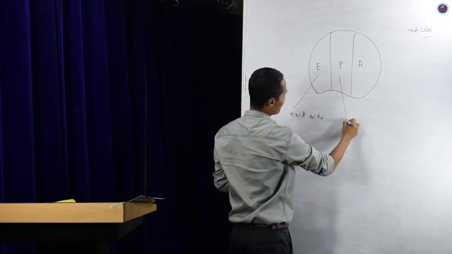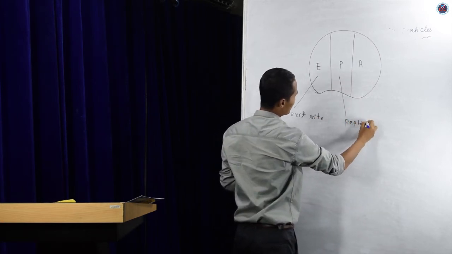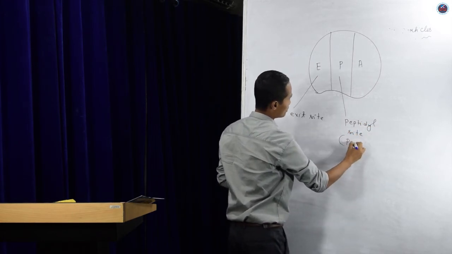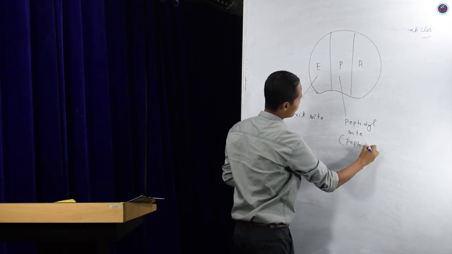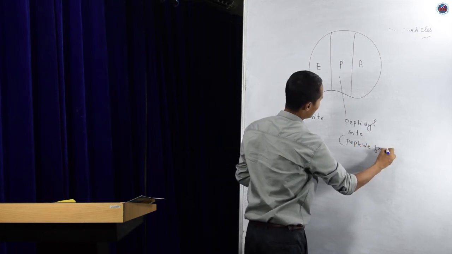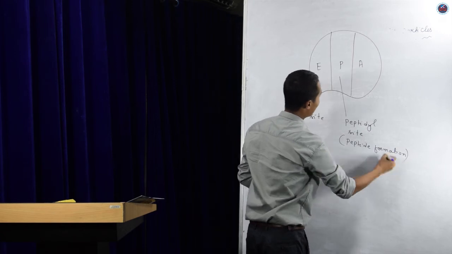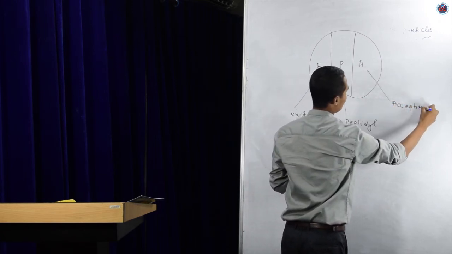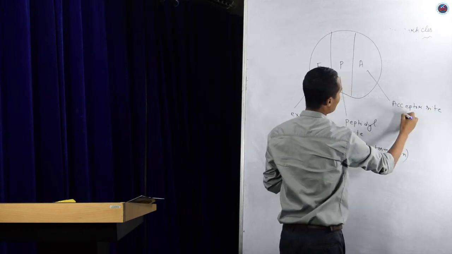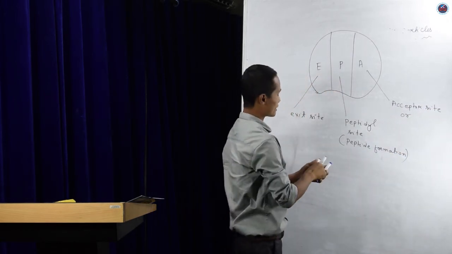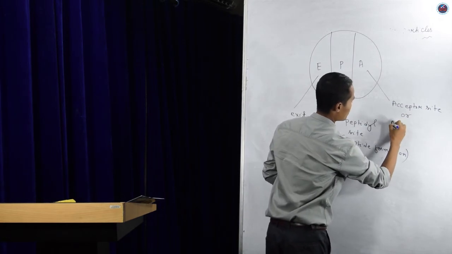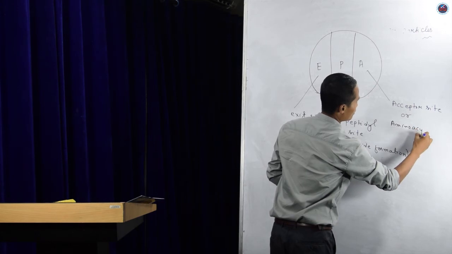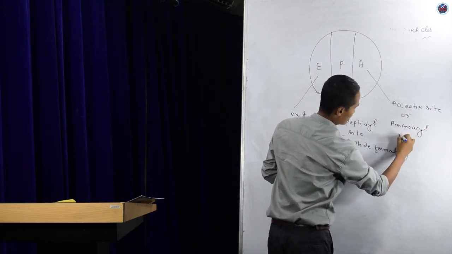P is the peptidyl site, or we call it peptide formation. And A is the acceptor site, or amino acyl site.